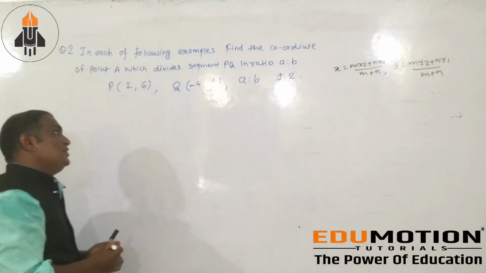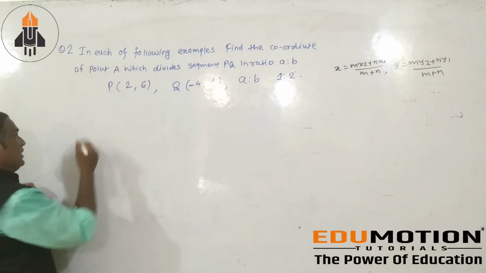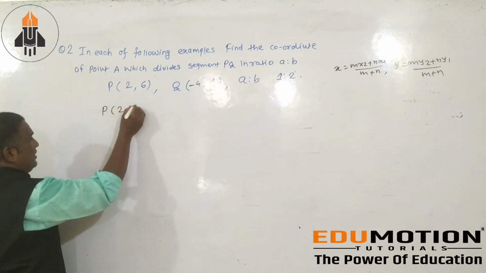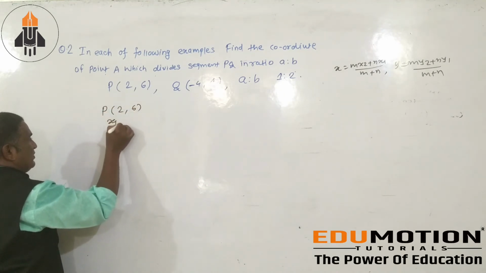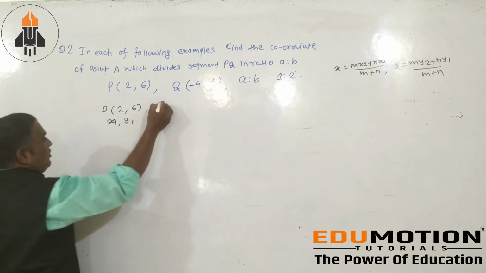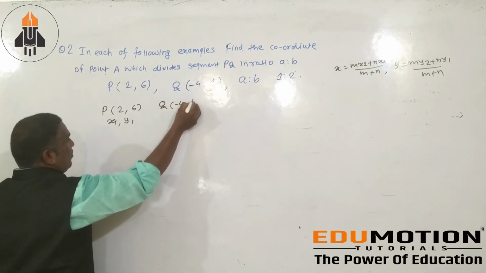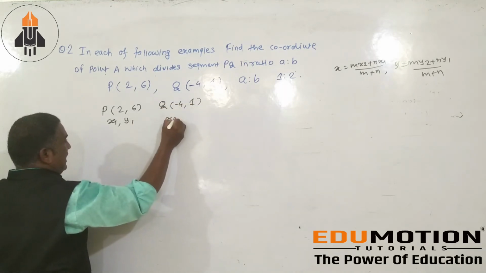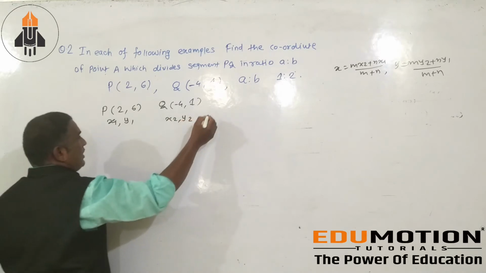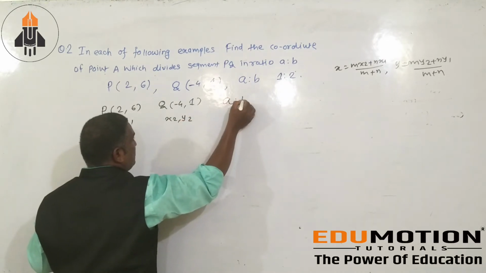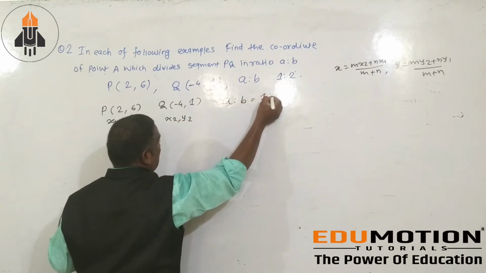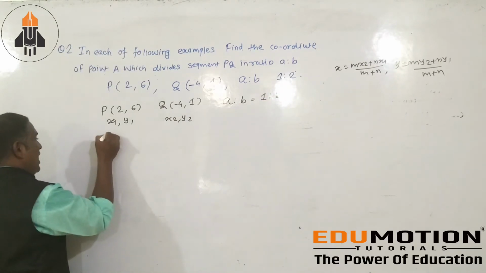Okay, see here, this P coordinate 2, 6, that is your x1, y1. Q coordinate -4, 1, that is your x2, y2. And A is to B, that is equal to 1 is to 2.